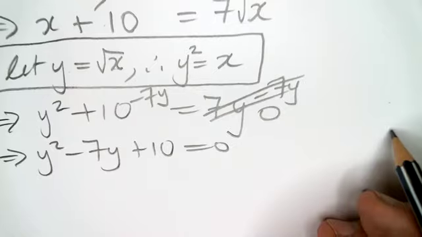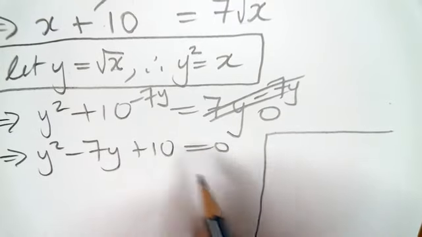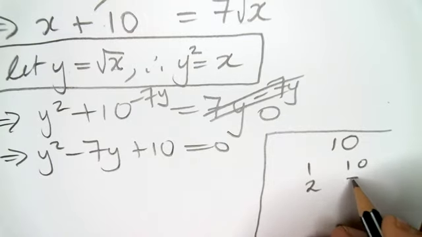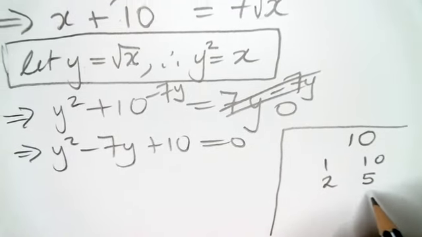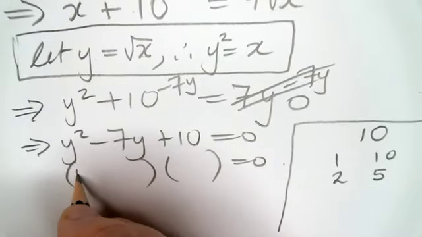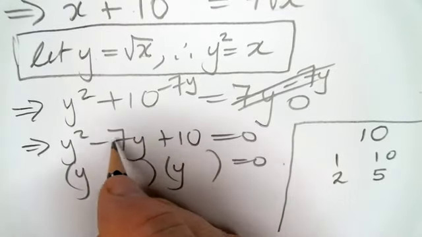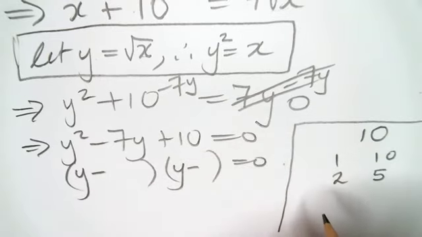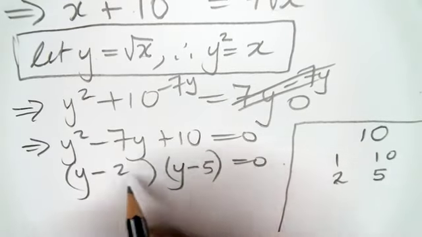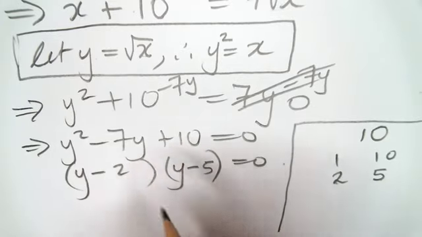All right, so a little sidebar over here. Well, I've got factors of 10. I know factors of 10 are going to be 1 and 10, and 2 and 5. And that's all we've got, but that's all we need, because I'm going to factorize this now. I've got a y and I've got a y. Signs are the same, both negative. And I've got a 2 and a 5. 2 times 5 is 10, and 2 and 5, which are both negative, is negative 7.